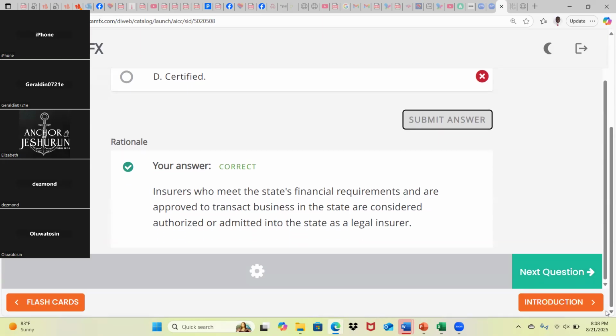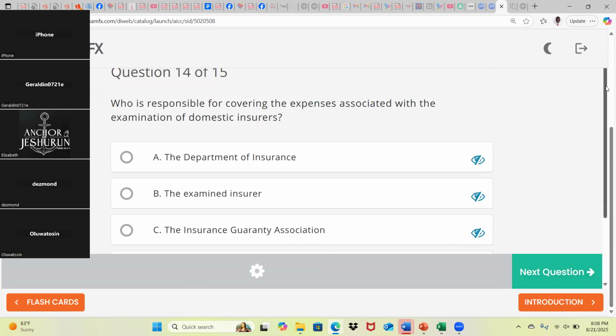All right. Let's go to the next one here. Mr. Desmond, can you read this one? Who is responsible for covering the expenses associated with the examination of a domestic insurer? A, the Department of Insurance. B, examined insurer.